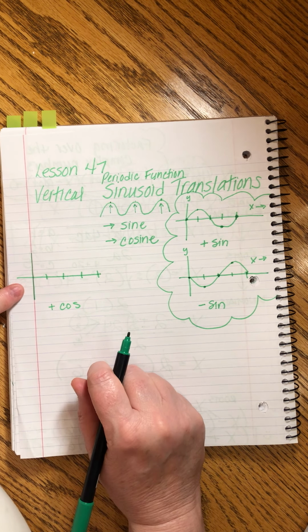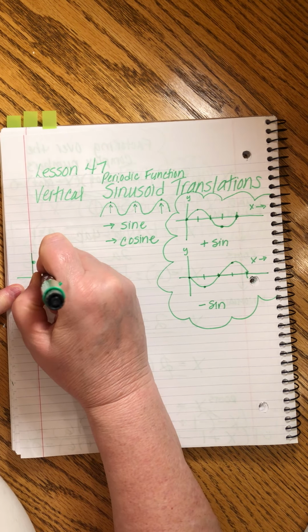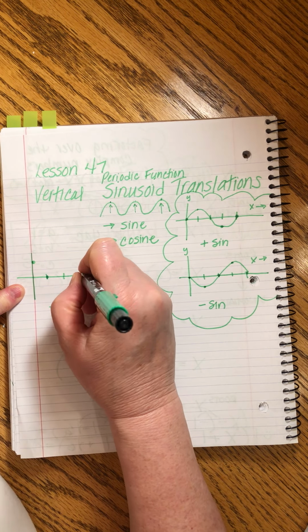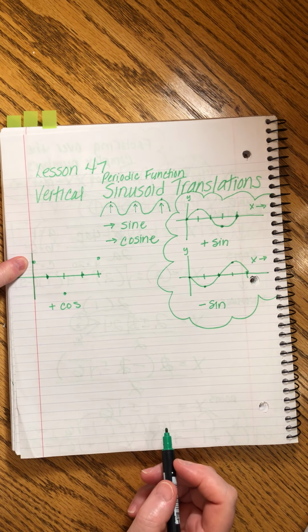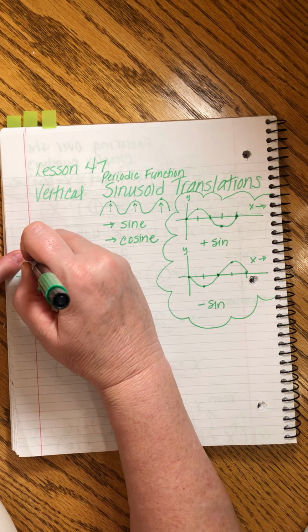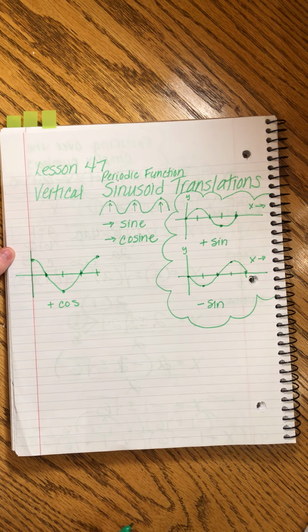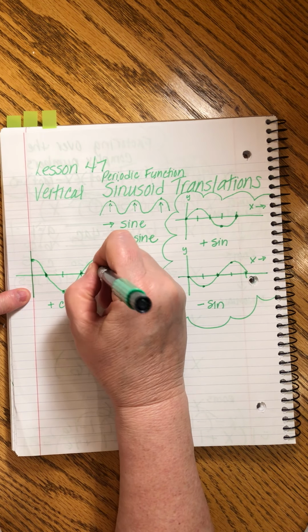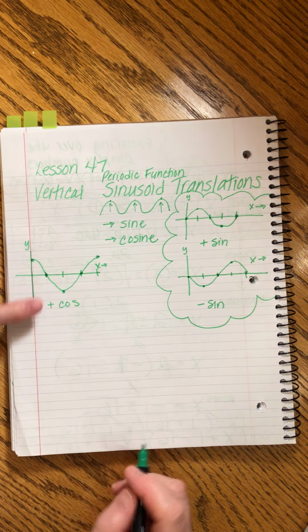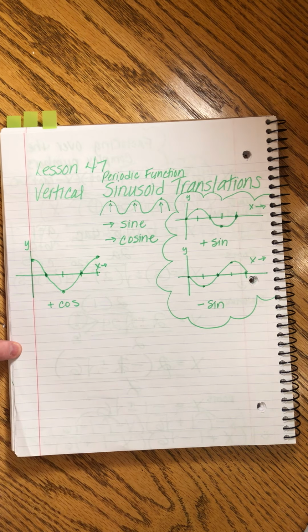All right, now on the cosine side, it looks a little different. Because on the cosine side, we start at the top of the curve. And then we go down, and we come up. Again, this is x, this is y. This is what we would call a positive cosine curve.